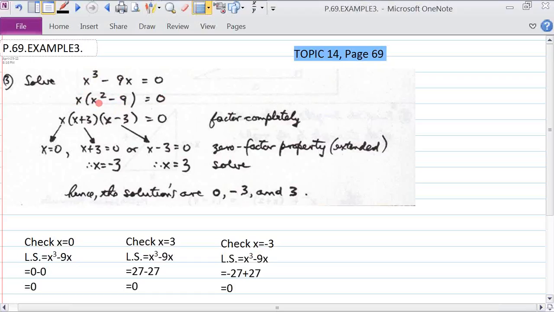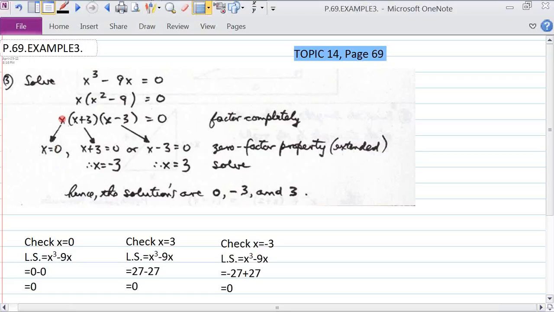So now this is the difference of squares. I've got x plus 3 and x minus 3. Notice there's no middle term here. This is a perfect square, and this is a perfect square. The plus 3x inner term is canceled by the minus 3x outer term. So x plus 3 and x minus 3 are the factors of x squared minus 9.